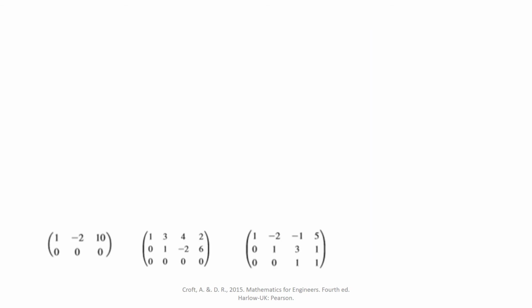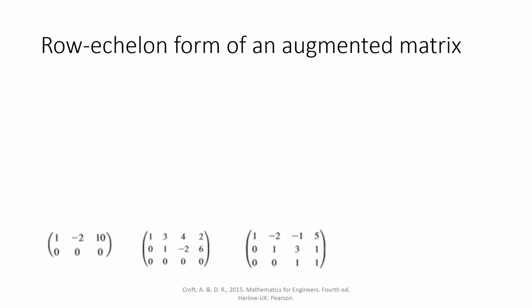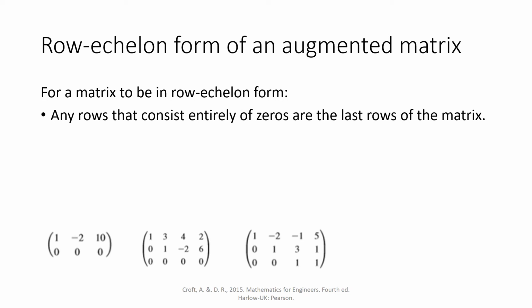Well, now the third outcome. The third outcome is row echelon form. This is a little tricky. You need to pay attention. Echelon form, whenever in an augmented matrix, all, this means all, sorry, the entire last row, and all values are 0.